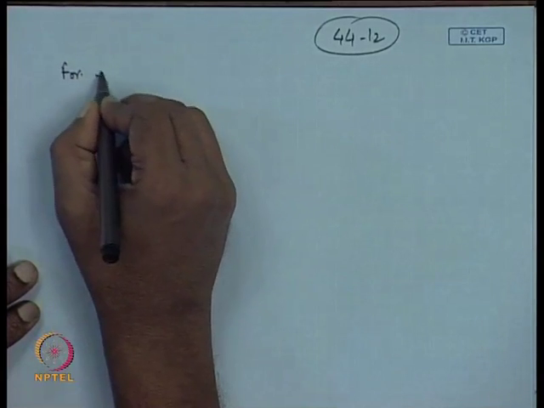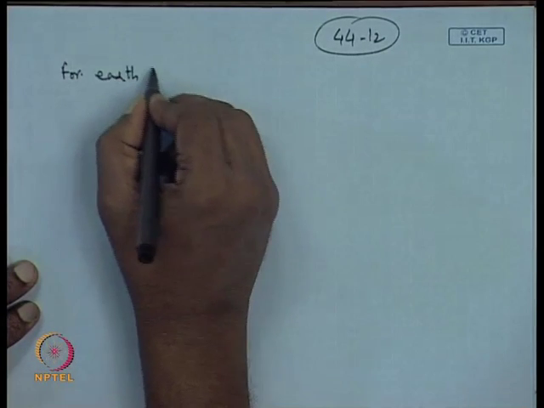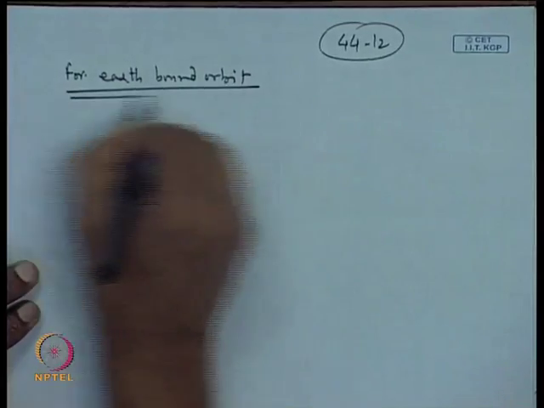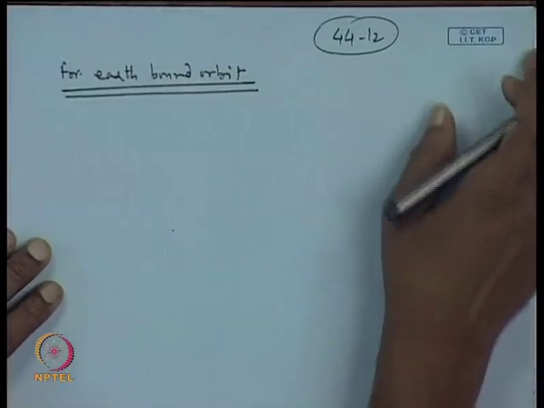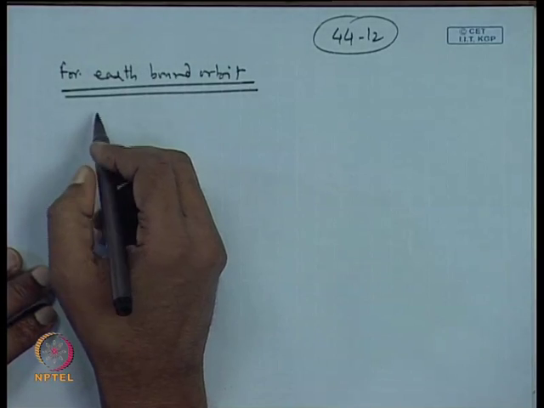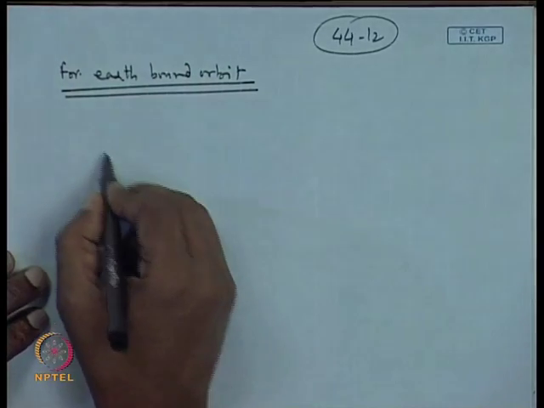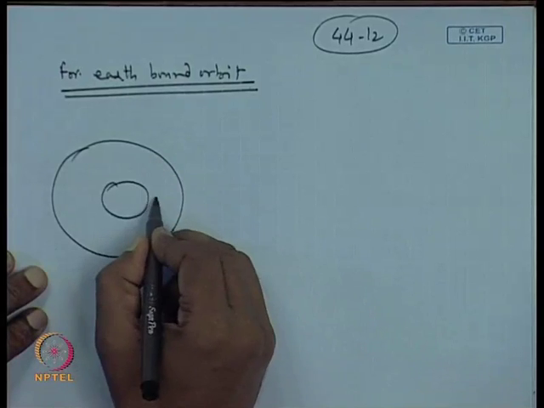Now, for earth bound orbit, let us calculate the required velocity. We can write a very simple equation.